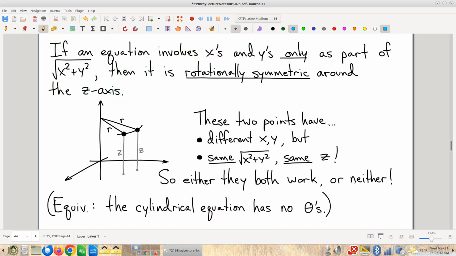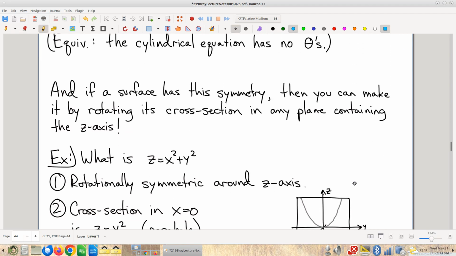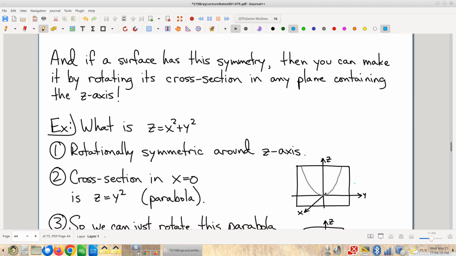Okay, how is this useful to us? I ask rhetorically. Here's the thing. If you have a rotationally symmetric surface, now this is a geometric appeal, I'm just hoping that your intuition will be satisfied by the following.